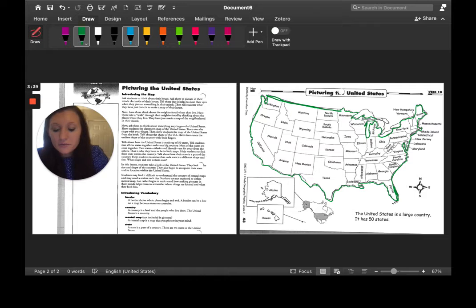So now let's go in with our blue, and we have our five Great Lakes of the United States. We have Lake Michigan, Lake Superior, Lake Huron, Lake Erie, and Lake Ontario.